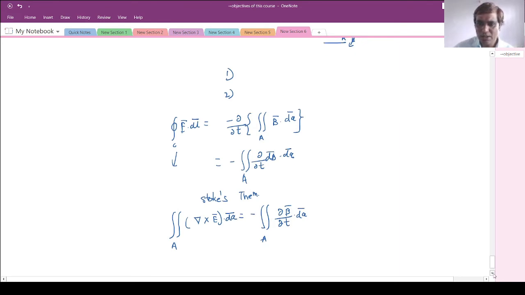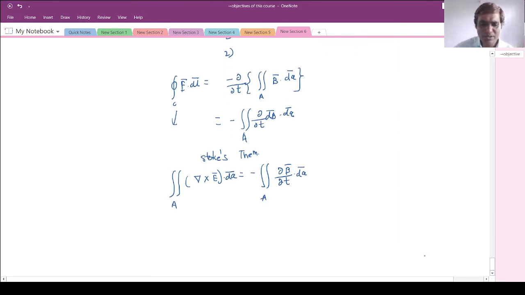Now I can take everything to one side, so it gives me the double integral over the area of the curl of E bar plus dB bar by dt, dot dA bar, and this will be equal to 0, and this is true for any arbitrary area.